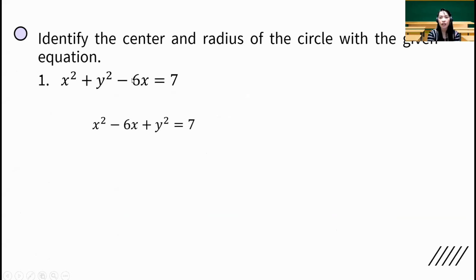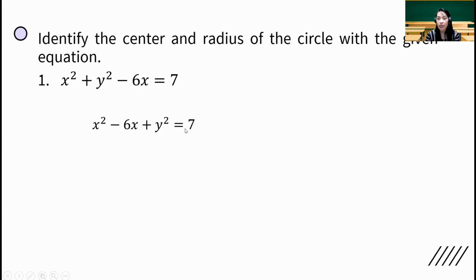First, you have to rearrange the terms. Meaning, the terms with x, put them together, and the terms with y, put them together also. In this given equation, there are two terms with x and only one term with y. So, x squared minus 6x plus y squared equals 7.